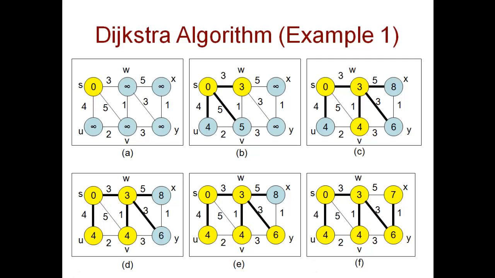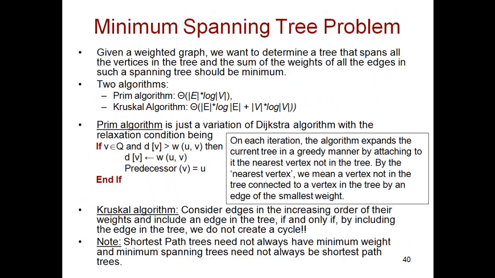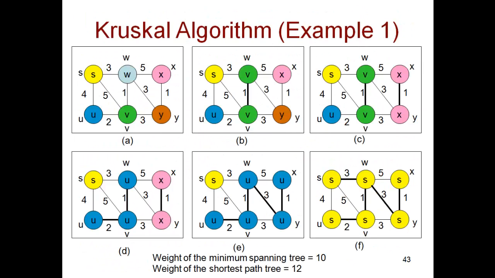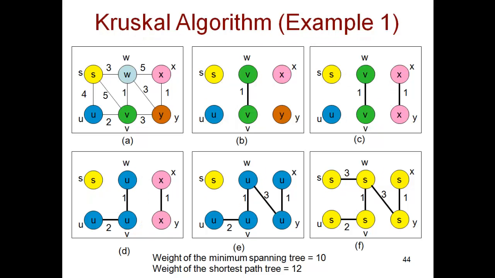So this is an example that we can use to say that the shortest path tree that is rooted at a particular source need not be a minimum spanning tree. Likewise, a minimum spanning tree is not specific to a particular source. It's for the whole overall graph.